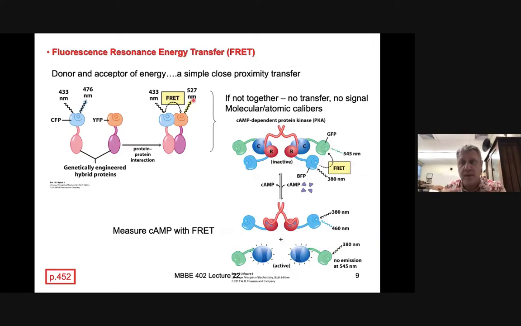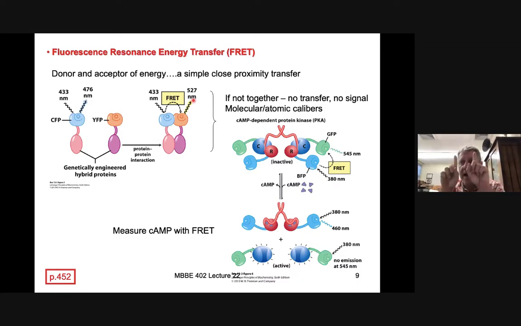So we have this capacity to understand if two proteins are close to each other or not close to each other. And this is commonly used, and you'll see this in the homework, in regards to determining whether the segments on a transmembrane protein are in the same locality, whether they're on the same side of the membrane, on the cytosolic side.